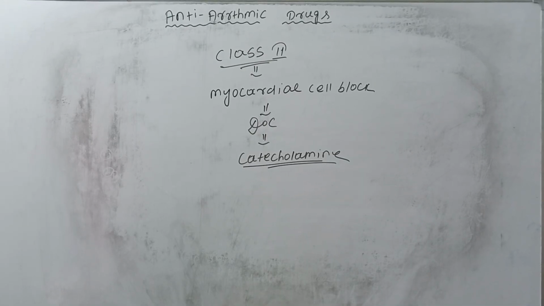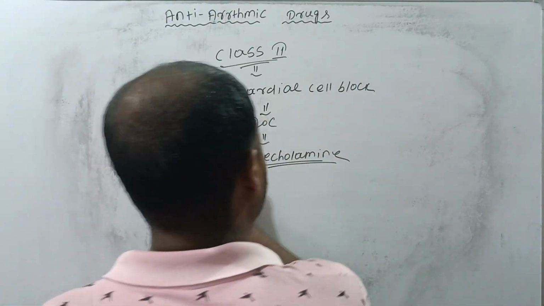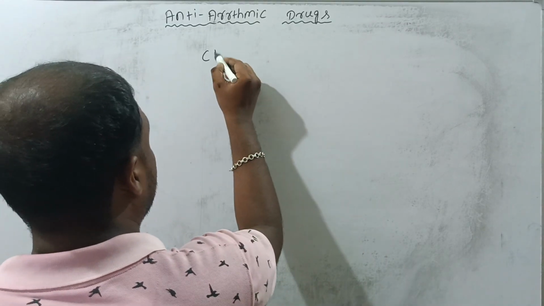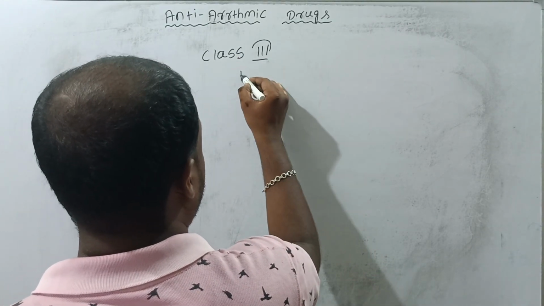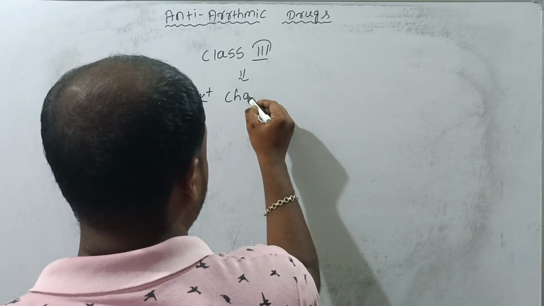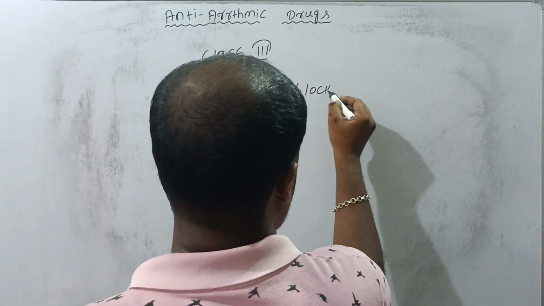The class 3 antiarrhythmic drug is the potassium channel blocker. Clear?